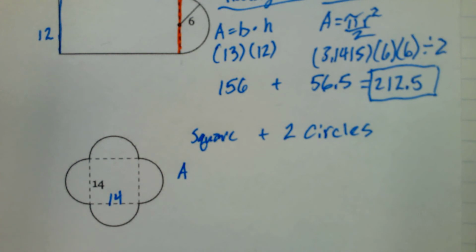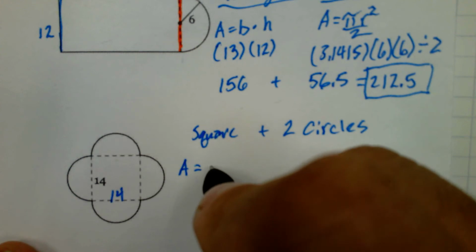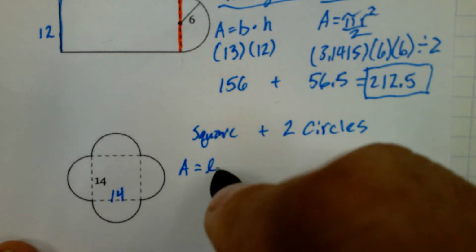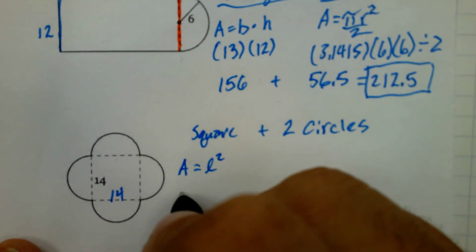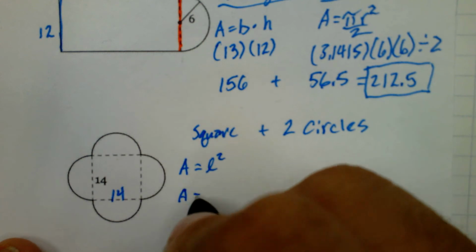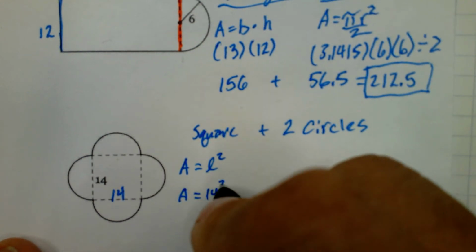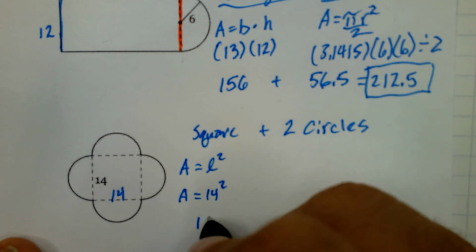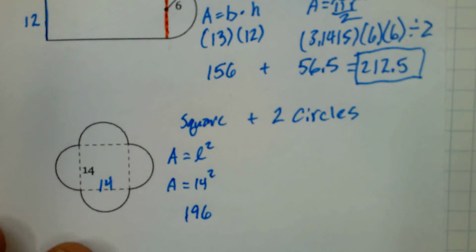To find the area of a square, you square the number. So it's whatever length you get squared. So it's 14 times 14, 196.